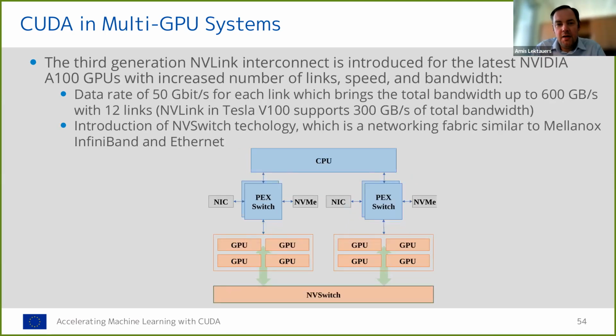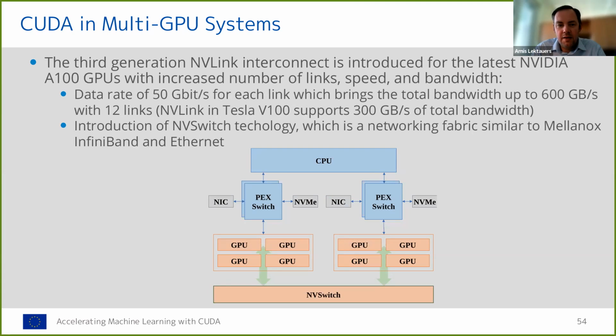And currently, NVLink has evolved to the third generation, used together with Ampere A100 GPUs, with increased link speed and bandwidth.